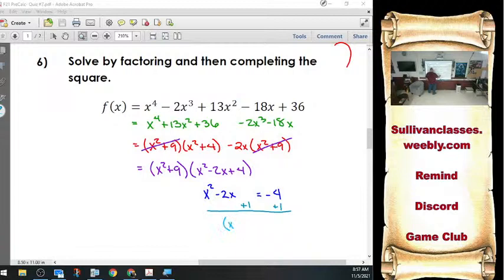It's always x plus b over 2, so half of negative 2 is negative 1. Squared is negative 3. Solve by square roots. Square root both sides, so that's the square root of negative 3 plus or minus, and then I'll add the 1 over.